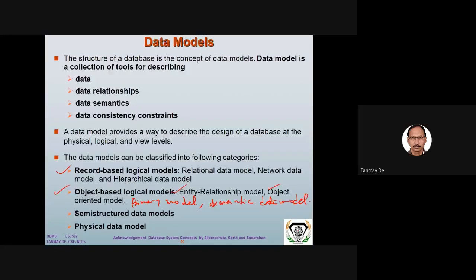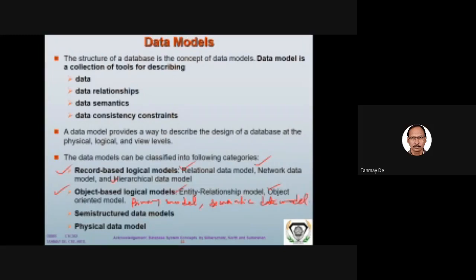The first one is the record-based logical model. In the record-based logical model, the relational model is there, the network data model is there, and the hierarchical data model is there. That means this can again be categorized into three categories. Industry, in earlier days and at present also, mostly uses the relational data model.